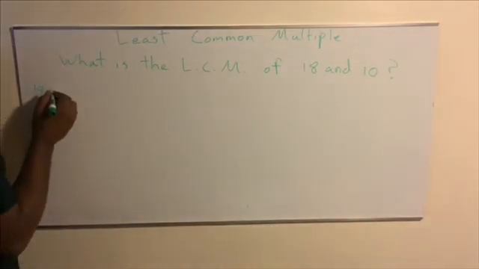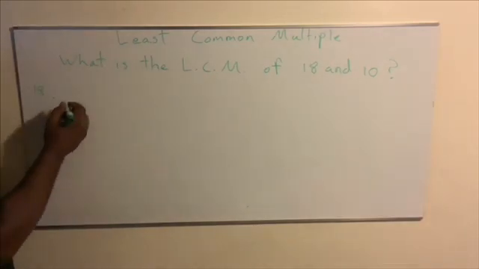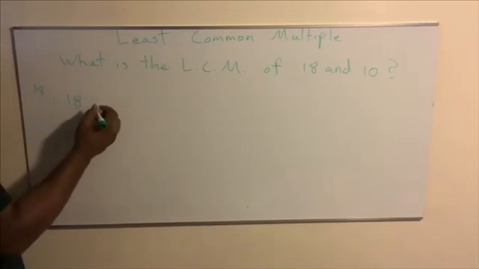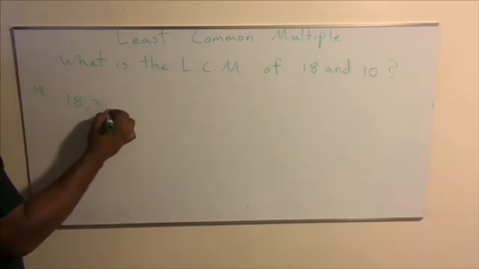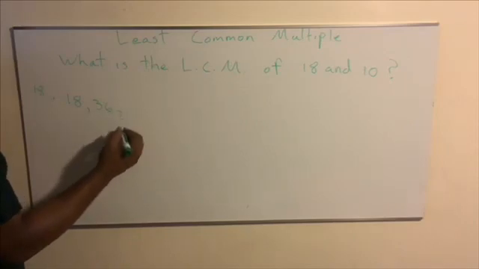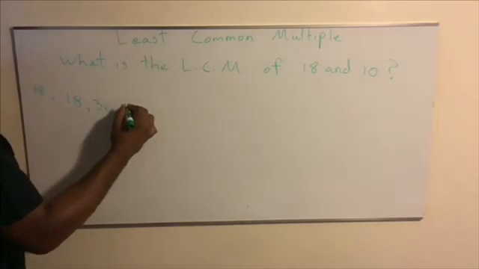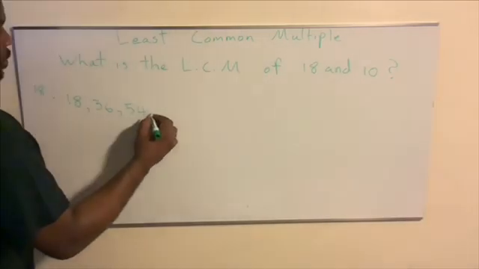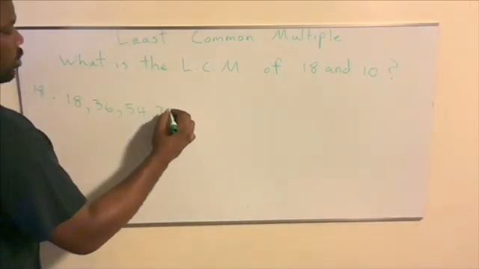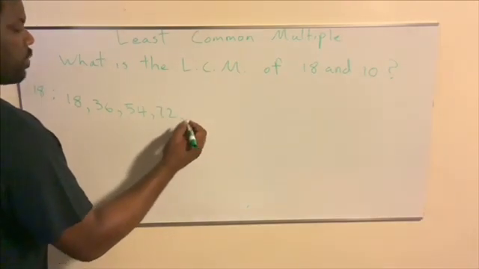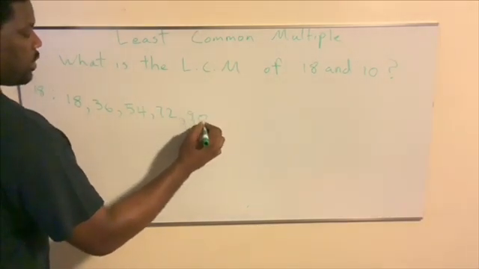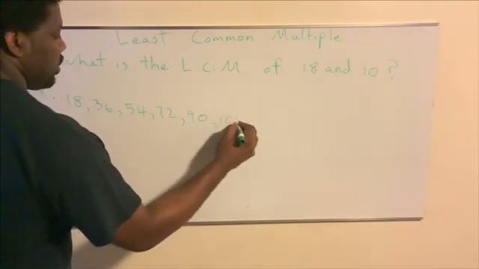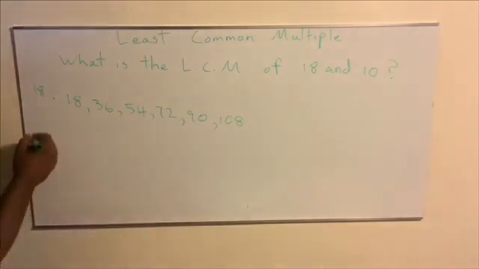So let's list the multiples of 18. The first one is 18. Then we have 36, 54, 72, 90, and then 108. Okay, we can stop there for now.